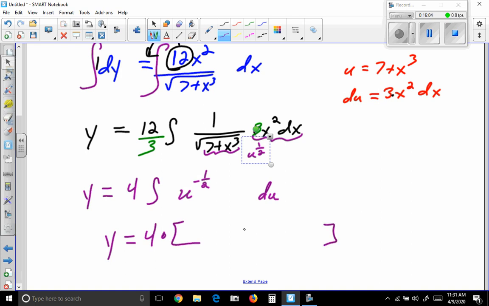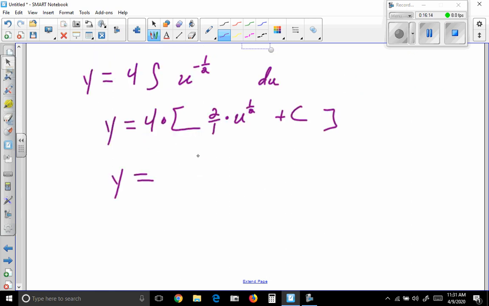When we integrate this, it's u to the 1 larger power over 1/2, or times 2, plus c. 4 times 2 is 8, u to the 1/2, or the square root of u, plus 4 times c. Well, 4 times a constant, a constant times a constant, is still a constant.